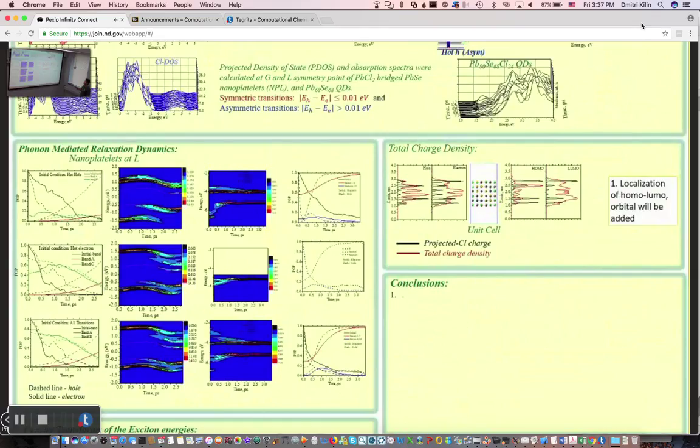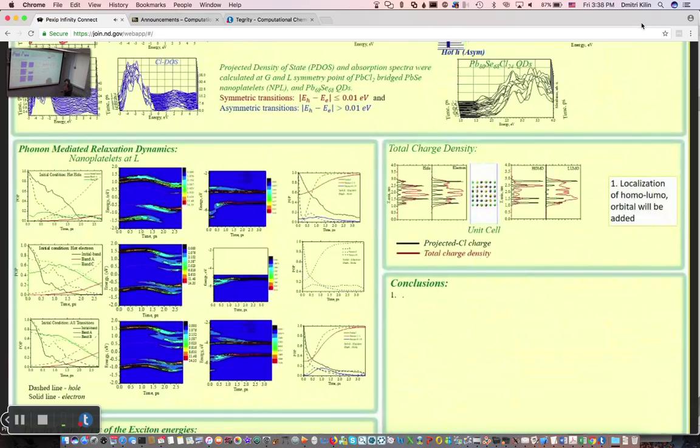So in this case, the HOMO and LUMO are mainly contributed by the surface atoms. The surface has 6 chlorine, or 12 chlorine with the lead and selenium, so this is the sum of all of them.